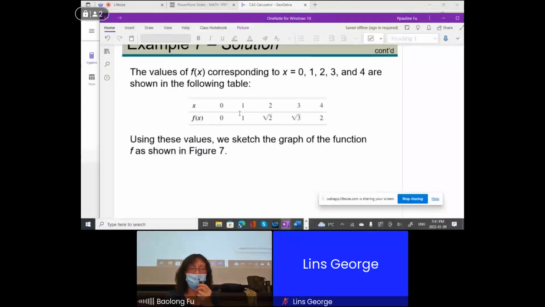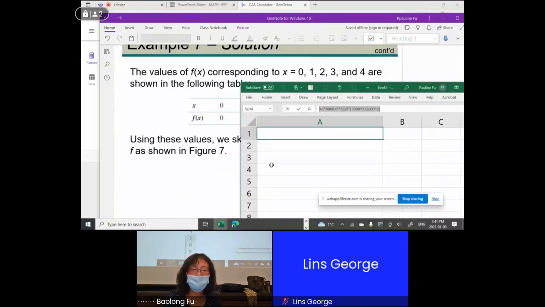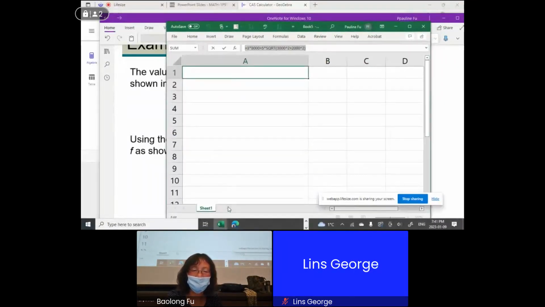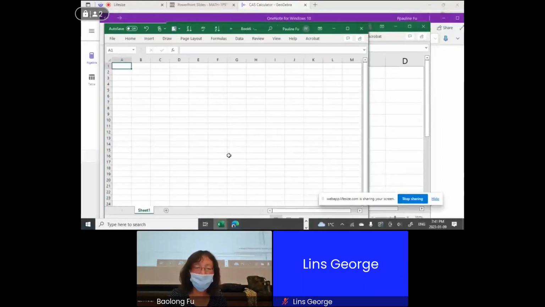So in Excel, you type in 0, 1, 2, 3, 4. Okay, that is your x.